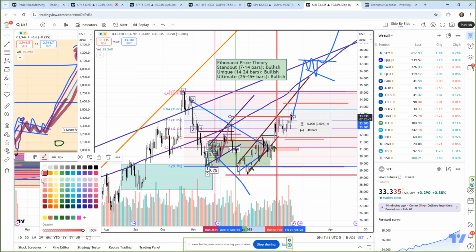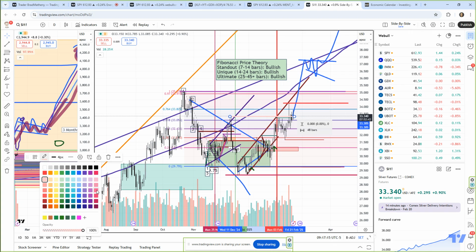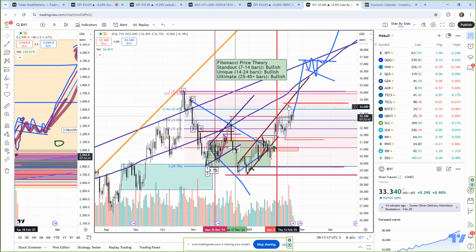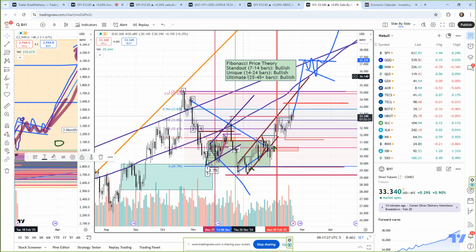We'll set it off as a kind of a light color. It's been broken, and we're looking to try to move up and break above this level. This becomes a standout. Now understand that an ultimate can become or is a unique and a standout. This is the highest level you can get to.